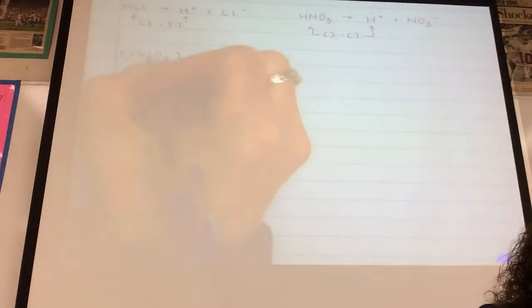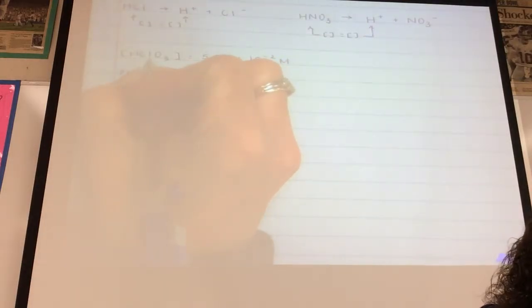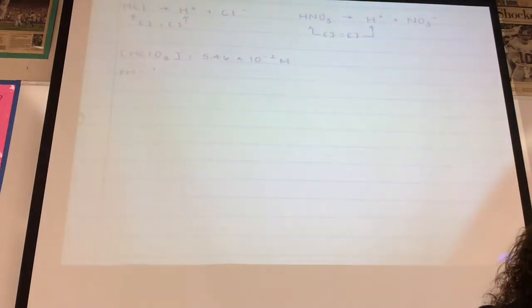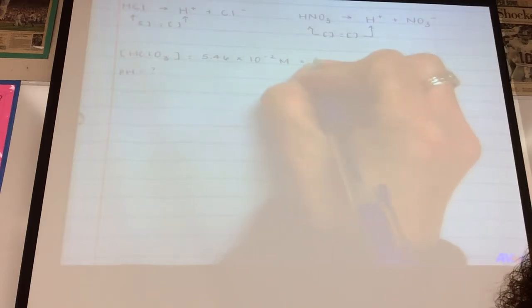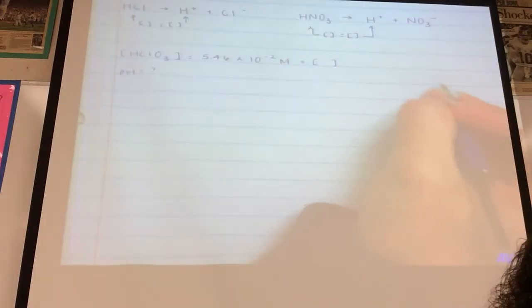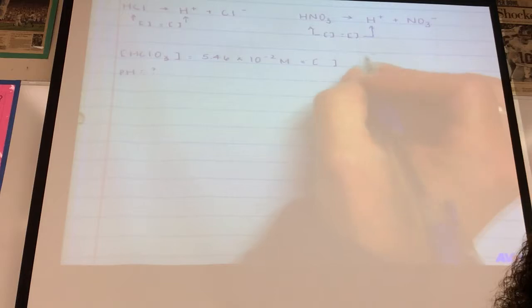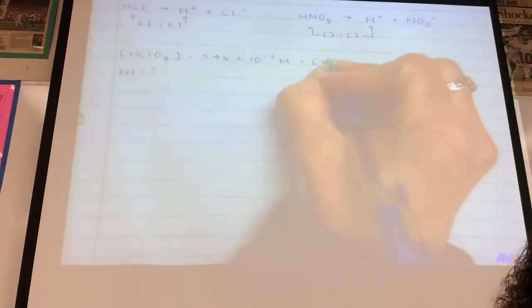First thing I do, is this a strong acid? Yes, and I'm just going to give you strong ones on the quiz, so it's not going to be an issue. Well, if it's a strong acid, that's equal to the concentration of what? Proton.